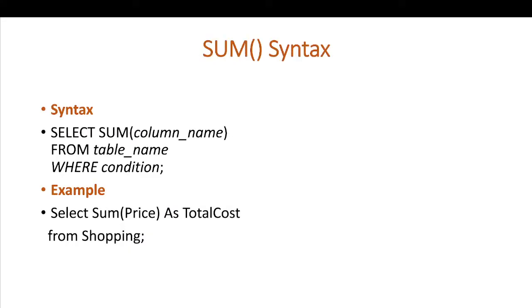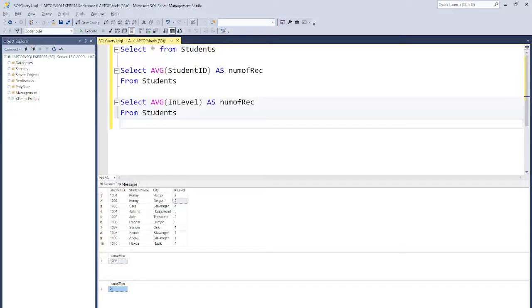And next, sum. Sum, you will get the perfect value when you have a number of the price column. I don't have any price column, but still I can show you how it's going to work. It will just sum the values. Sum of, so that's why I'm giving the name.